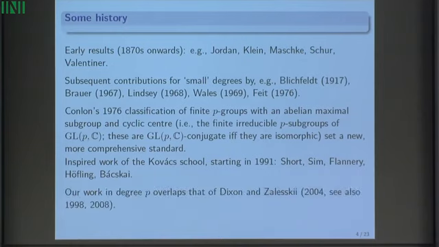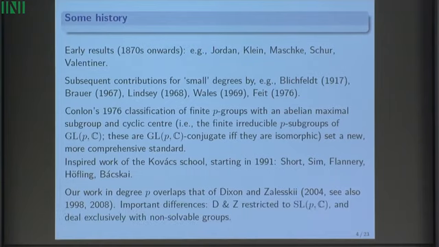One final important citation I have to make, and that's to a paper by John Dixon and Alexander Zaleski. They consider the same problem, classifying finite, irreducible, monomial groups of prime degree over the complex numbers, with important differences.